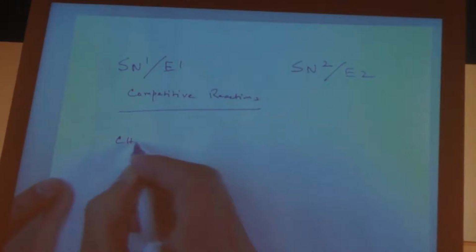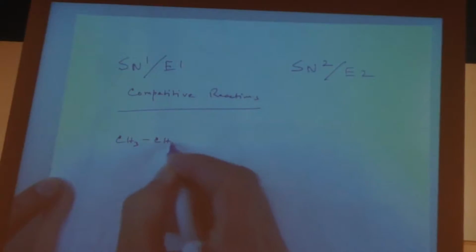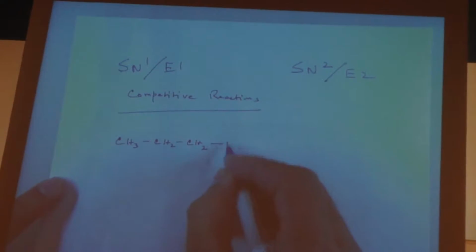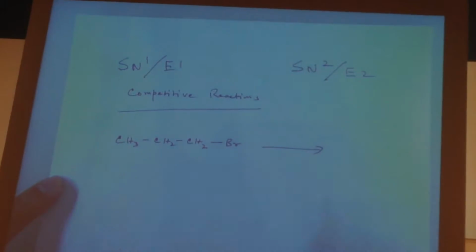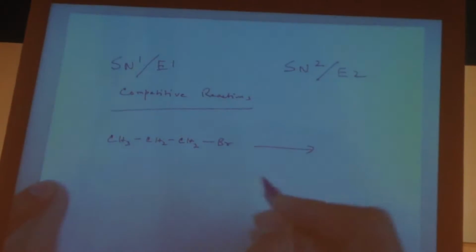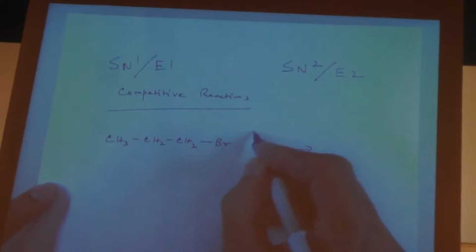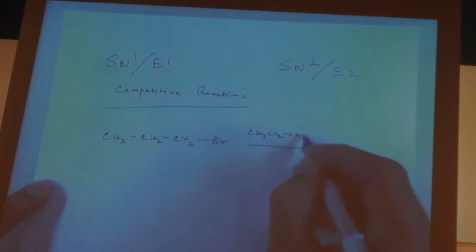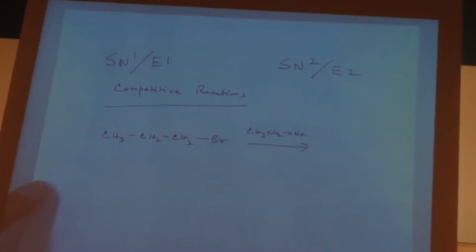So if we have a primary substrate, let's say CH3CH2Br, as I mentioned before, this being a primary carbon, if we use sodium ethoxide, then it's likely to undergo mostly substitution.